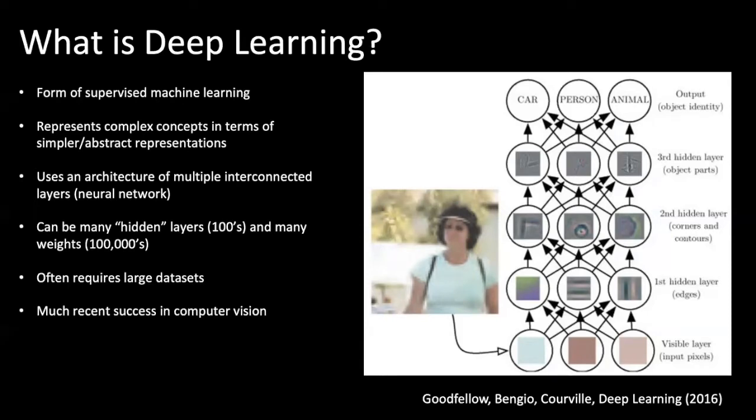So in this case, the very simple or abstract representations might be the pixel values of this image, and the abstract concepts you want to represent are what is actually in the image itself. And this is an example with 3 hidden layers, but of course nowadays neural networks typically have many hidden layers, hundreds frequently, and many parameters, so they require very large data sets.